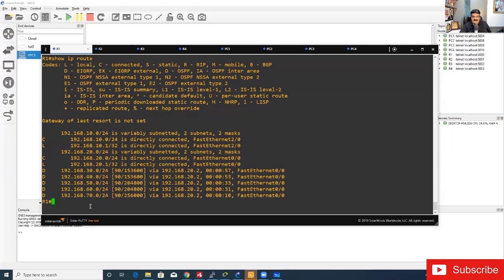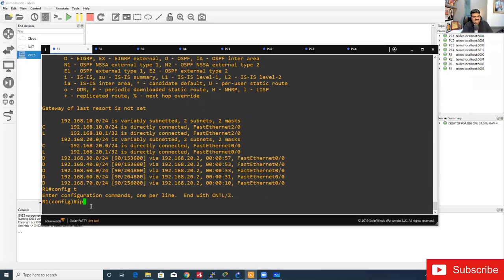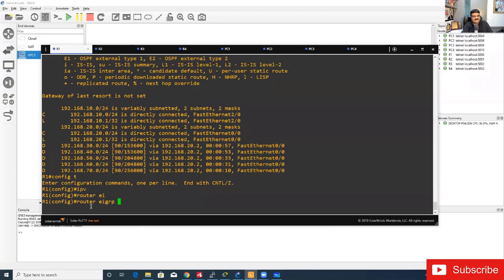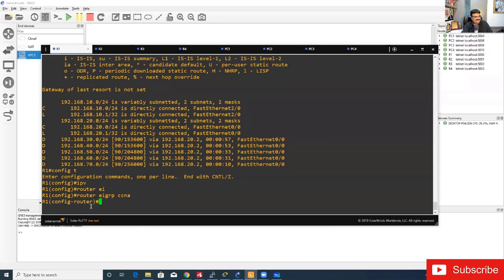Okay, and now, last 5 minutes, I want to configure the same for IP version 6. So what can I do? You can configure like this: router EIGRP, and this is CCNA. And now I want to configure IP version 6.